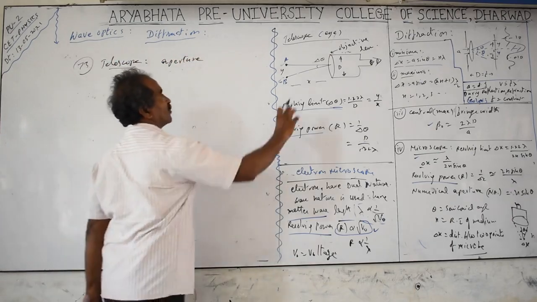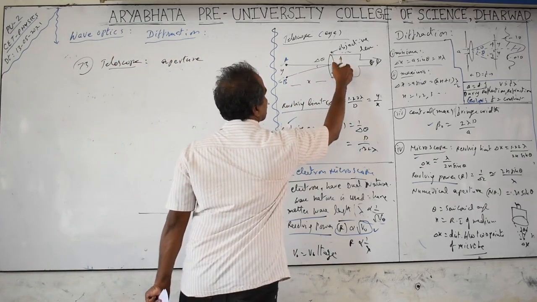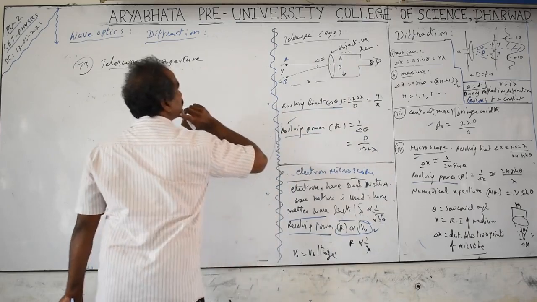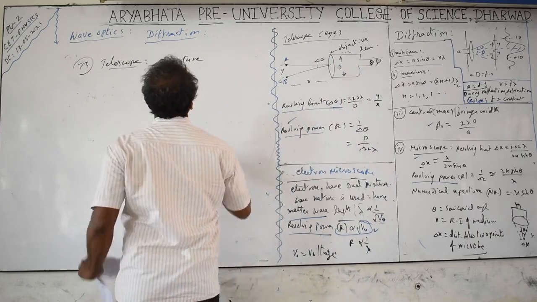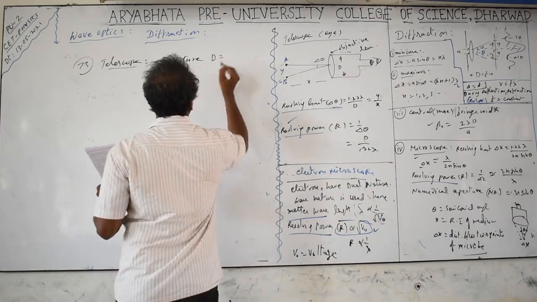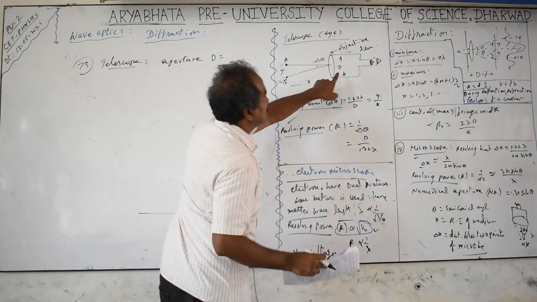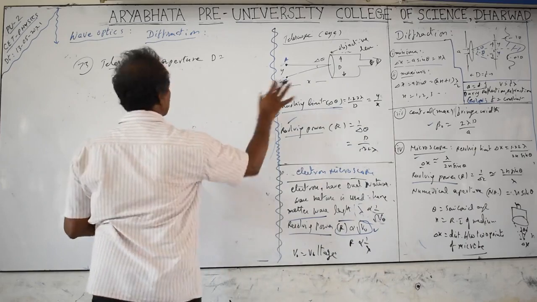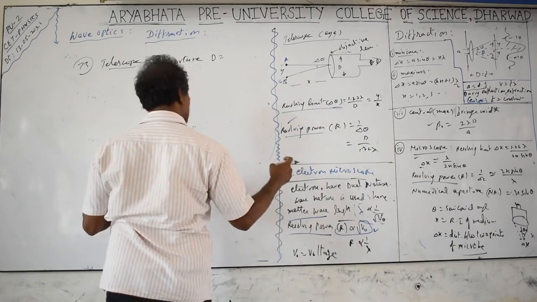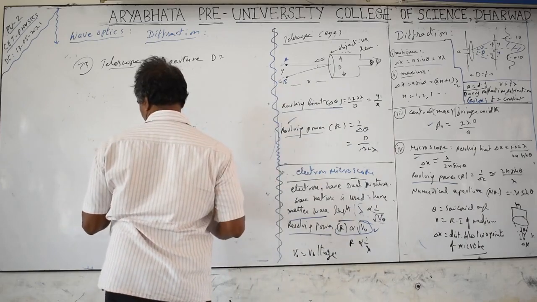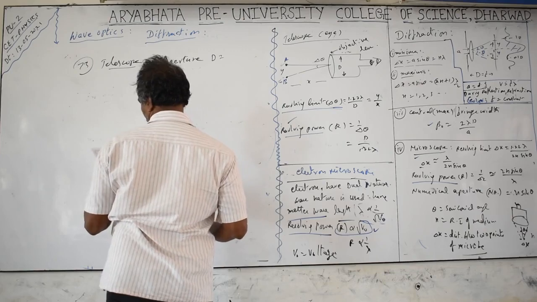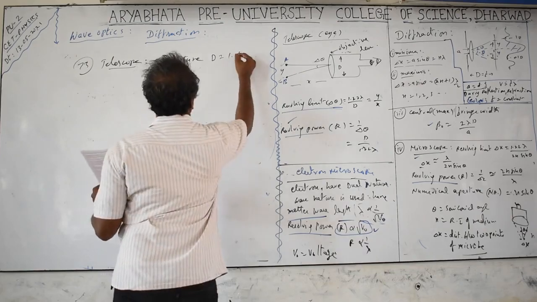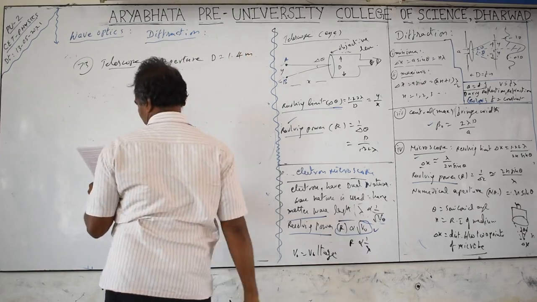Aperture means the opening for the light, that is the convex lens diameter or objective lens diameter, called D. They may give this as a small d symbol, not capital D, or they may give capital D also. Be careful with the symbols, they are not fixed for the telescope. 1.4 meters, it is a very big telescope.